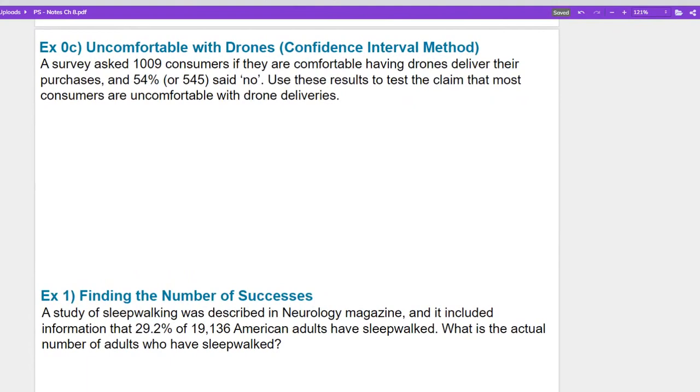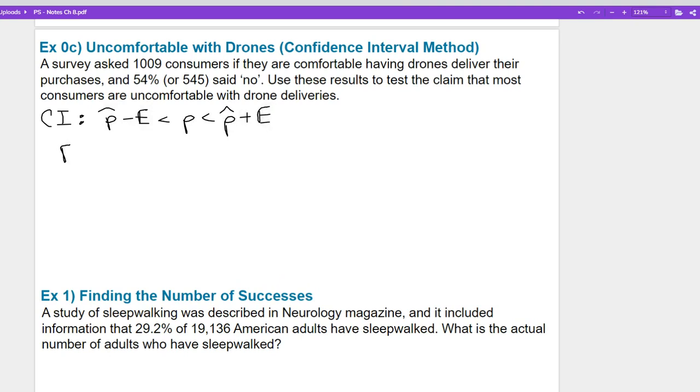Example 0C says, let's do the same thing, but let's do the confidence interval method. Now your confidence interval, we did that last chapter, and we did it a lot last chapter. And for a proportion, the confidence interval, we said p hat minus e is less than p is less than p hat plus e.